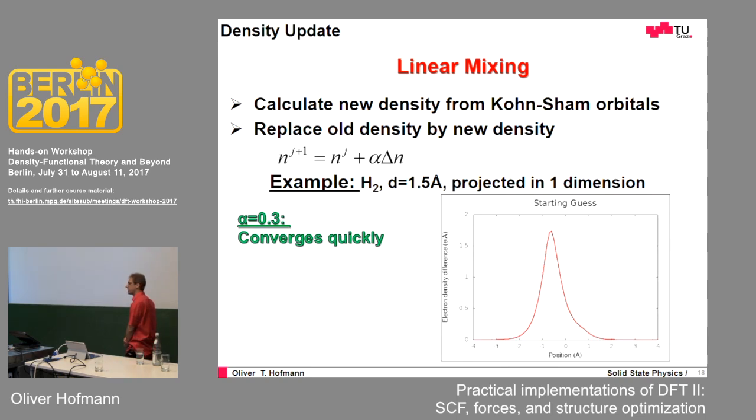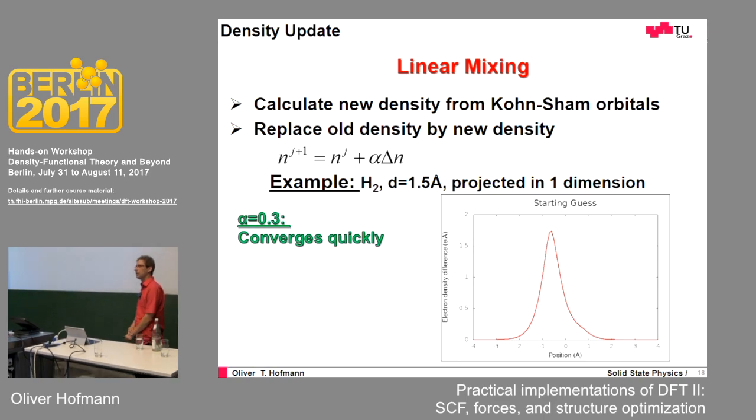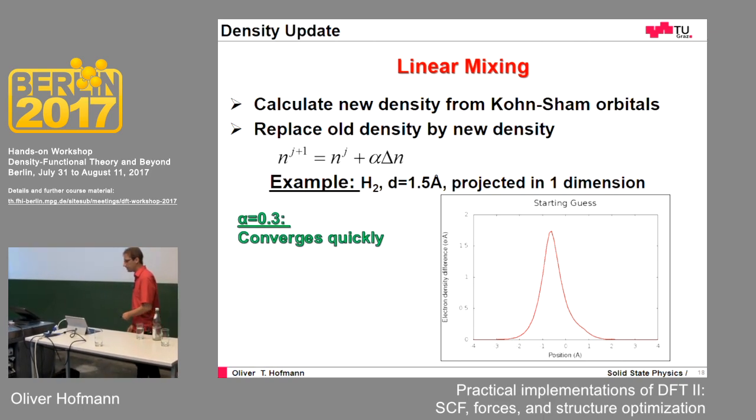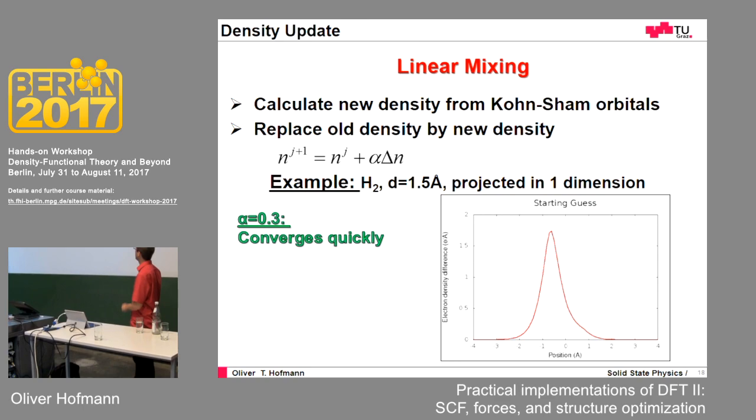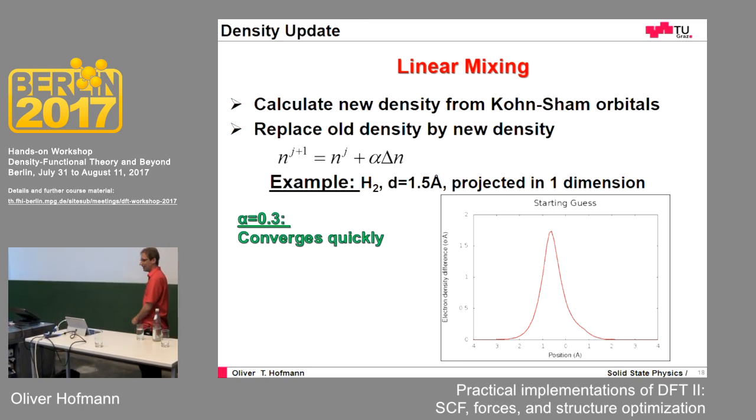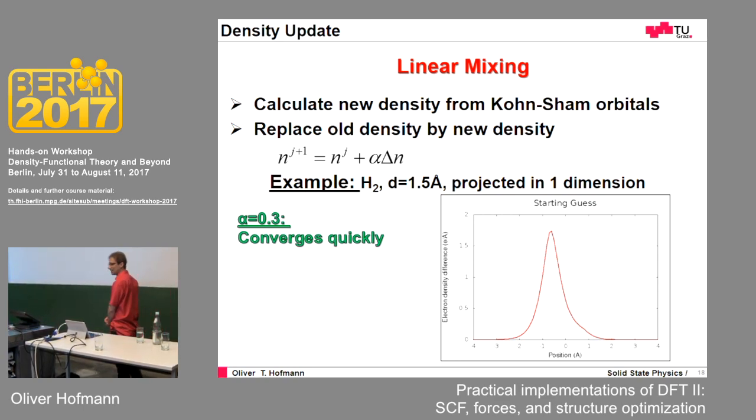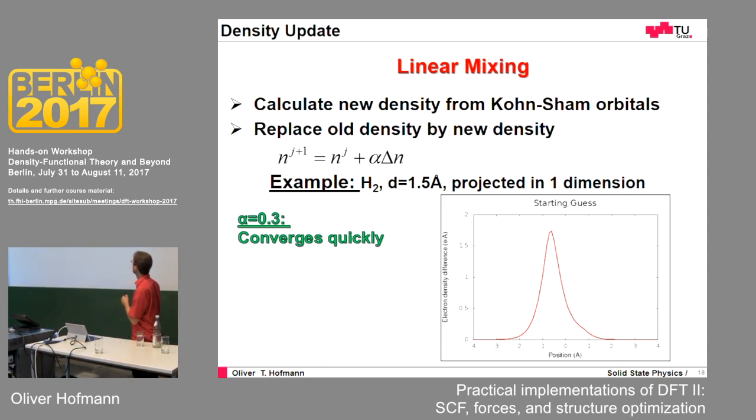So what can we do instead? One method is the so-called linear mixing. The idea here is similar to the naive mixing. We just take the electron density that came out of our SCF cycle, but we don't take the electron density completely, but rather we see what was the change to the previous electron density, and we apply that in a scaled way. We apply some of the change and not all of the change. The parameter that I've used here to indicate how much we accept from this is called alpha.